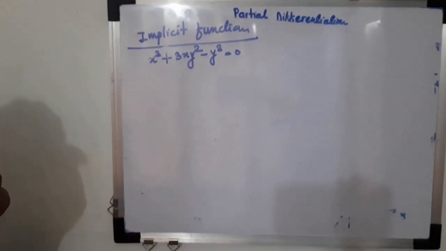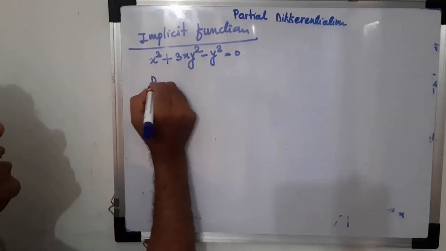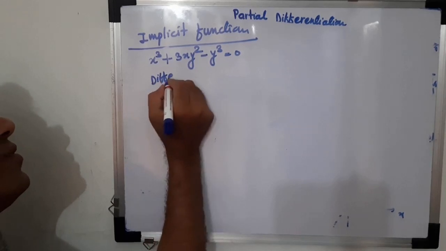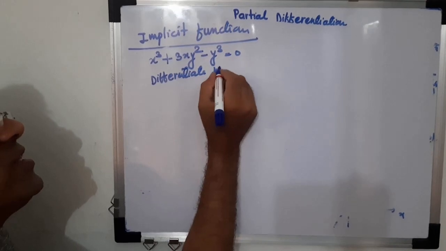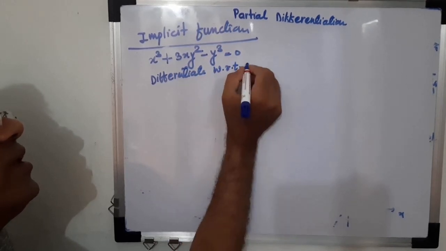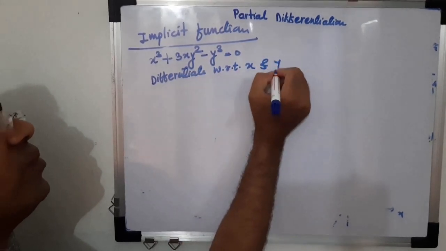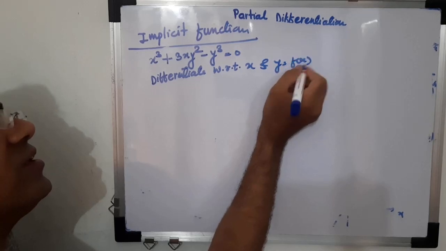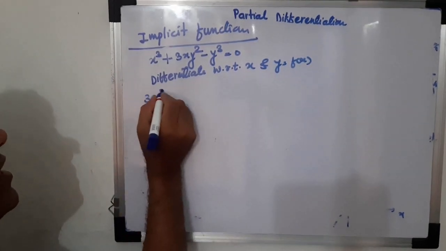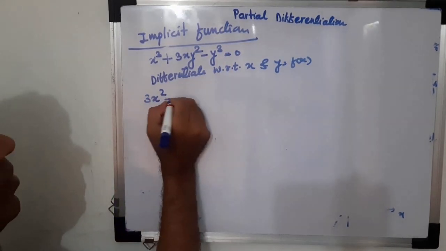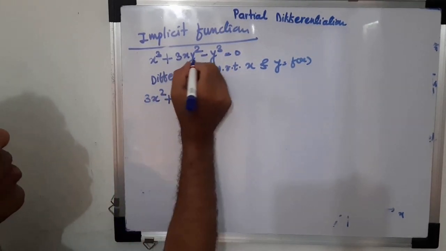So what we'll do, we'll directly differentiate with respect to x, and y is a function of x. So we can write 3x square plus, here the product rule.